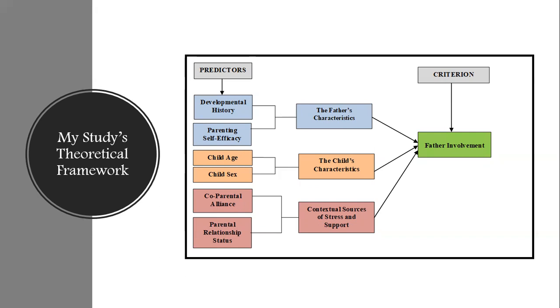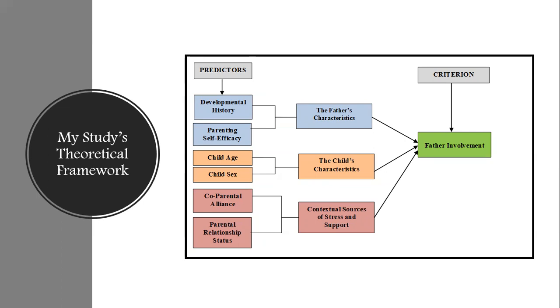Did they report being just friends or having no relationship of any kind at all? What was the status of the relationship between the parents? So these were the larger contextual factors that I looked at, because we know that father involvement happens within the larger context of the co-parenting relationship. And so these are the factors that I examined, or the predictors that I examined in my study.